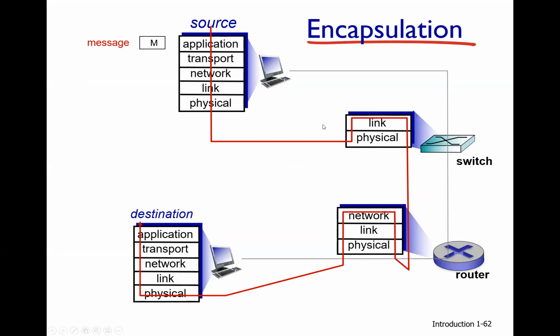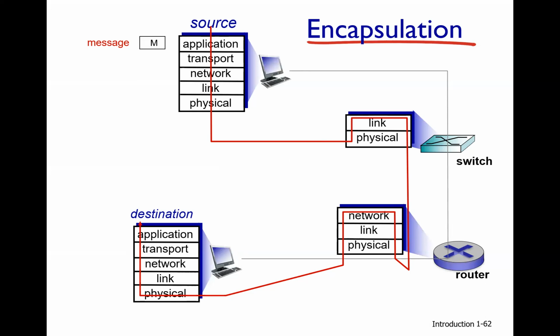So after identifying the components in our network, we need to define some terminology. For each layer in our Internet protocol stack, when we refer to the packet being sent over the network, we tend to use different terminologies.